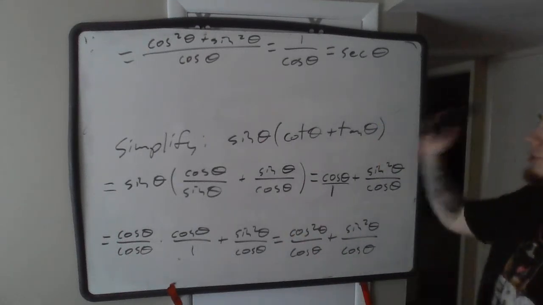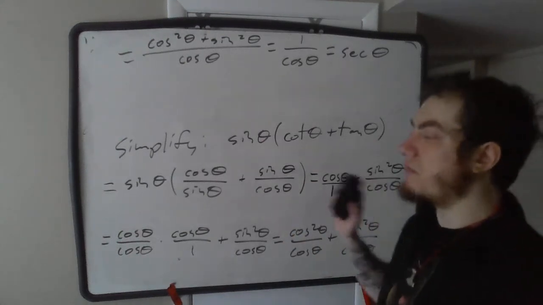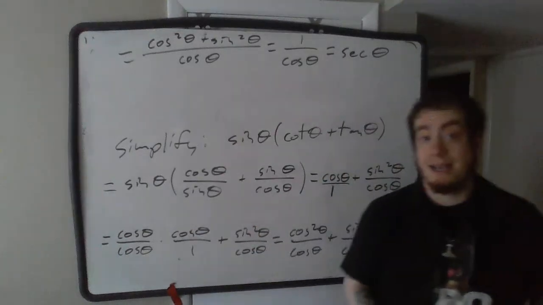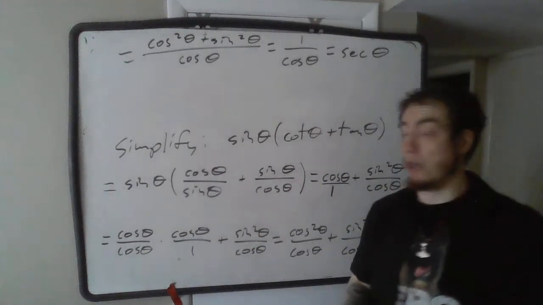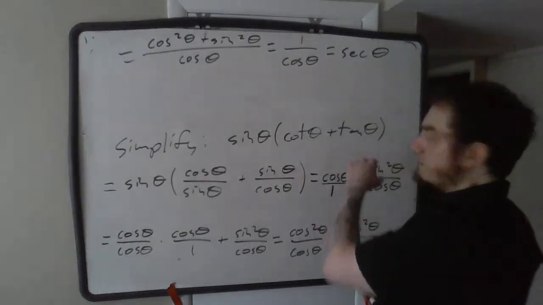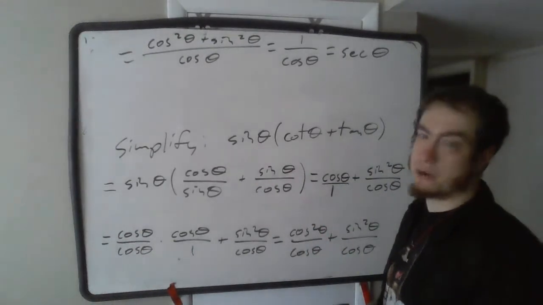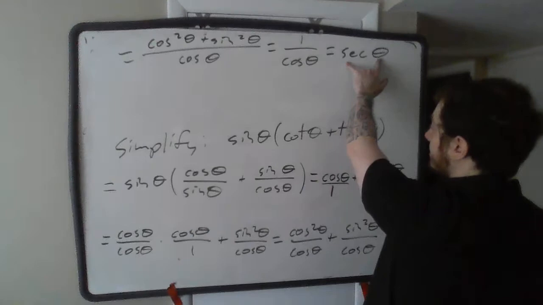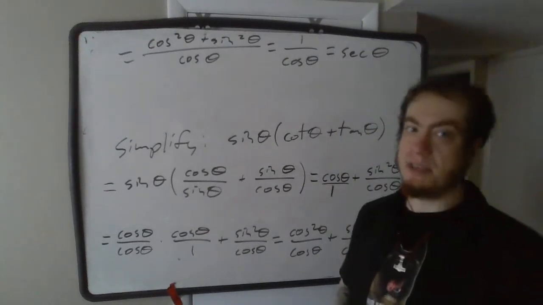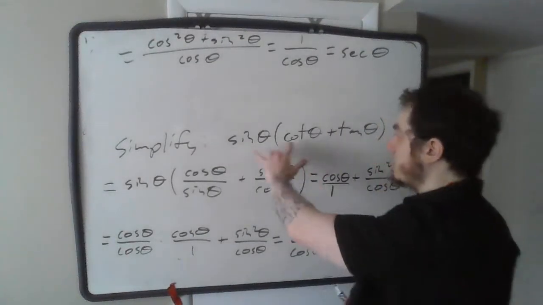Okay, so we've seen a couple of examples of simplifying these trig expressions. Now, like I said, why would you want to do this? Well, something like this is big and ugly and hard to understand, while something like this, secant theta, is fairly simple to understand, at least compared to the original expression.